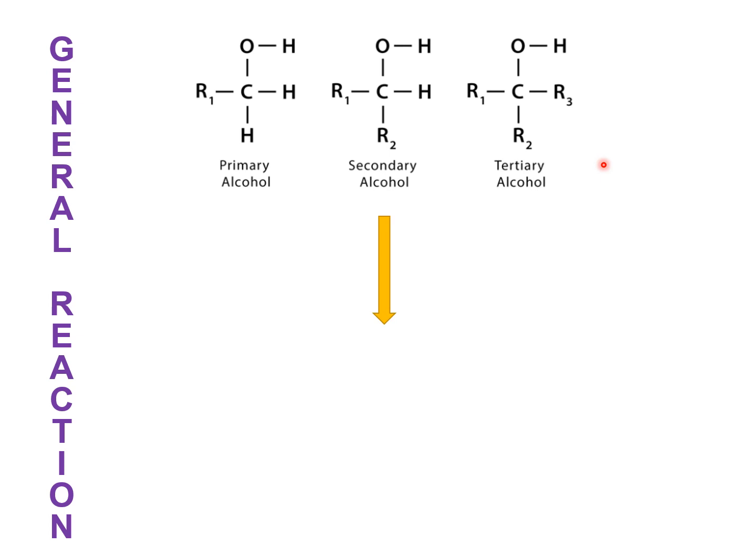Because this reaction is oxidation, we expect either loss of hydrogen, addition of oxygen or loss of electrons. So this secondary alcohol loses two protons, and to satisfy the valency of carbon as well as oxygen, there is formation of a double bond.